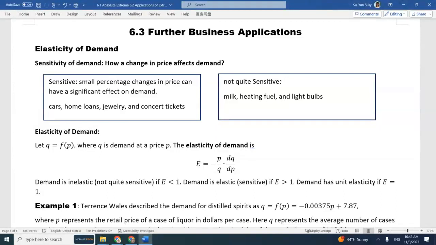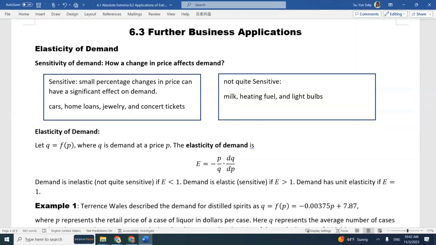And also a light bulb. If your light bulb is broken, you need to buy another one. You cannot live without that, right? So this kind of product is not quite sensitive. So elasticity, oh, how do you pronounce it?